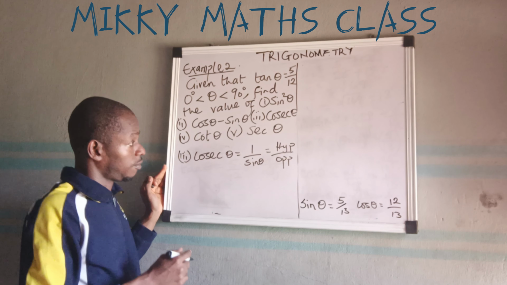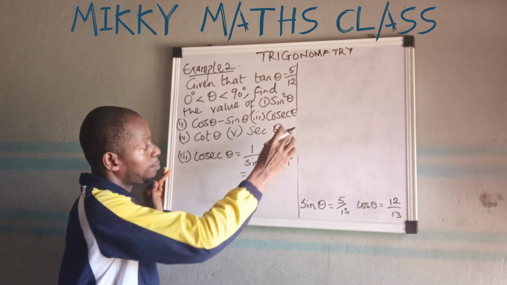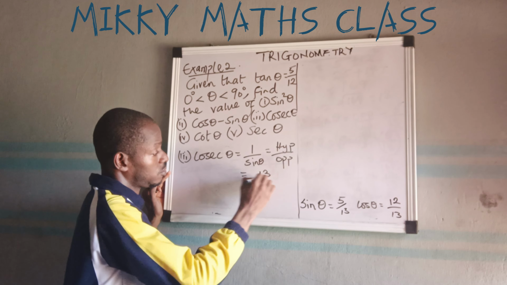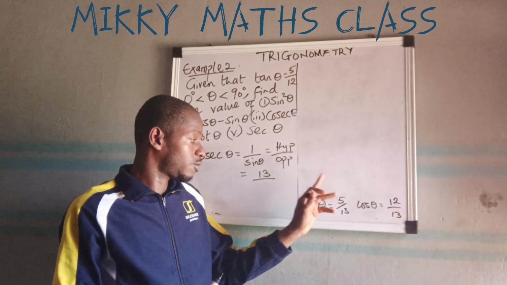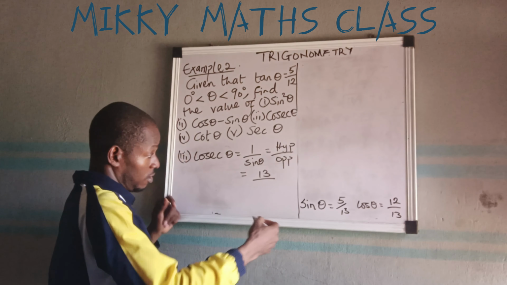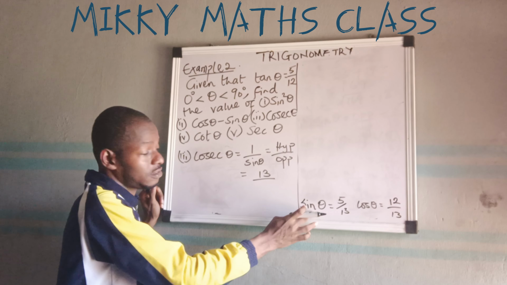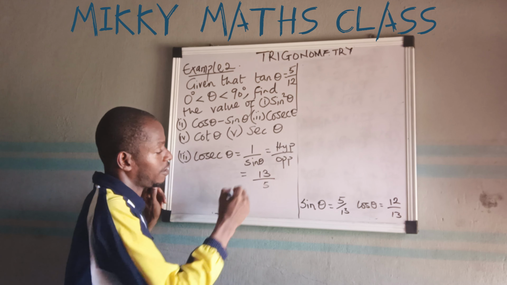So from here we have that our hypotenuse from the question is 13. So this is 13 over the value of sin theta from what we solved earlier. Sin theta was 5 over 13, cos theta was 12 over 13. So the cosec theta is the inverse of the sin theta.